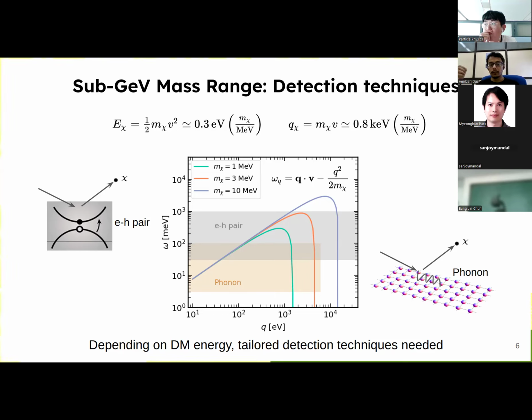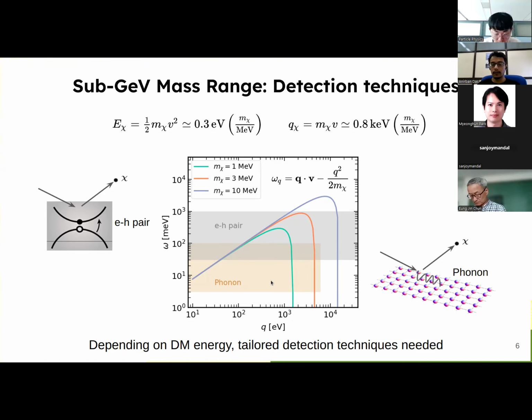These equations show the typical energy of dark matter. As I said, this just scales with dark matter mass. So MeV dark matter will have sub-eV energy, and similarly for momentum. And this is the energy-momentum relation.